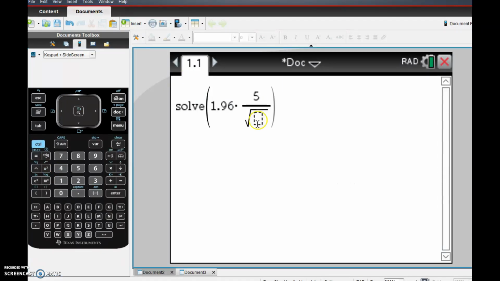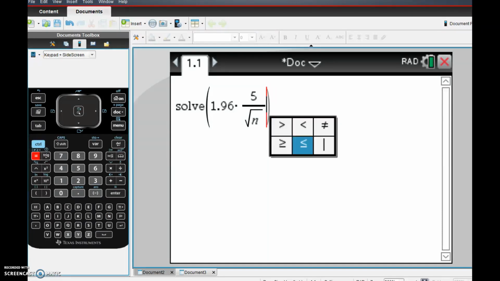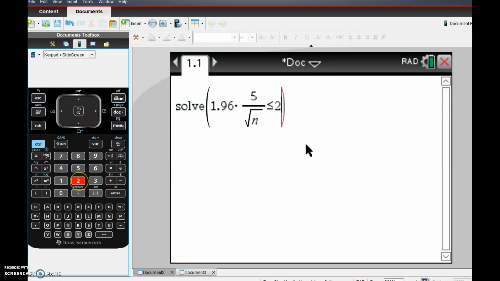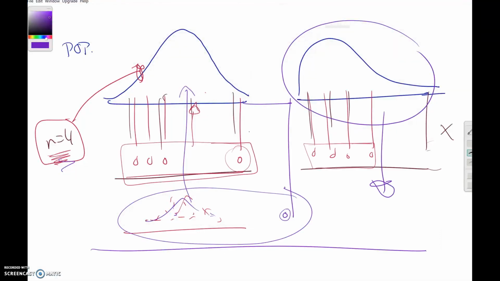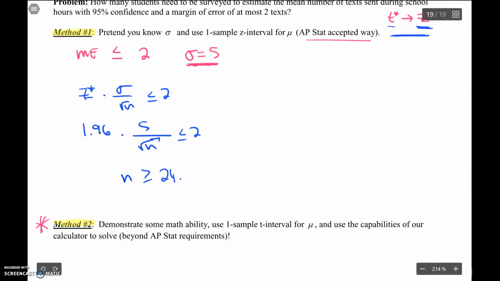If you just say it equals 2, it's going to give you the cutoff. That's fine too. So 24.01. n has got to be greater than or equal to 24.01. Really close to 24, but we got to sample 25 or more. 25 kids or more.